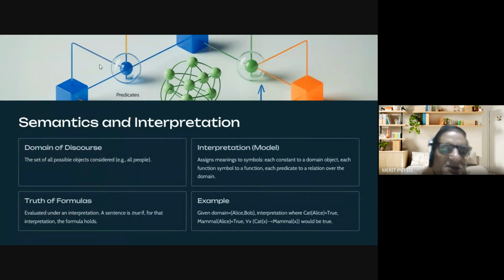A sentence is true if for that interpretation the formula holds. So example, given domain {Alice, Bob}, interpretation where cat(Alice) is true, mammal(Alice) is true, for all x, cat(x) implies mammal(x) would be true. So this is what the truth table, truth functions are there, atomic truth functions are there.